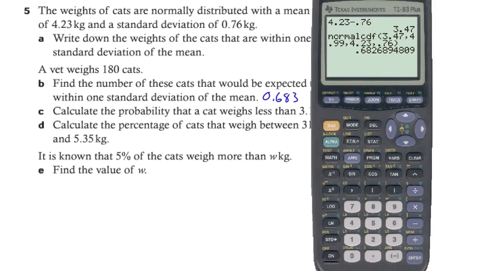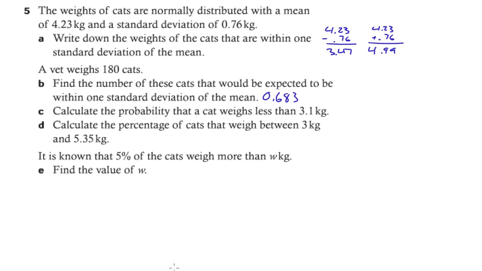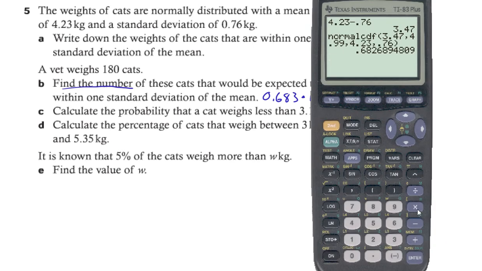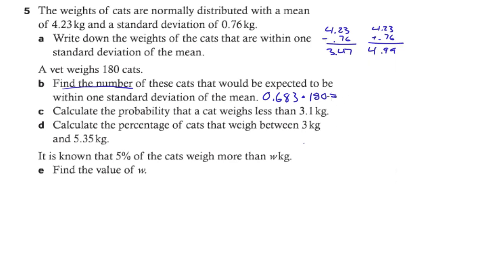But we're finding the number. So whenever it's find the number, we have to multiply that 0.683 times 180 to find the total number of cats. So just take that, multiply by 180, and we get 122.8. So we're going to call that about 123 cats.